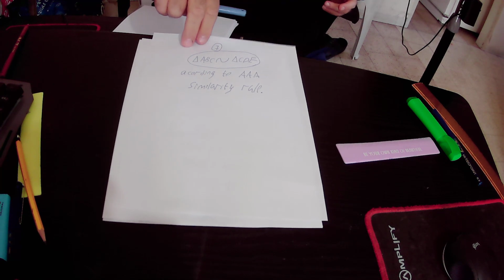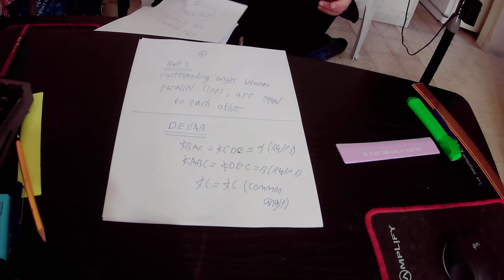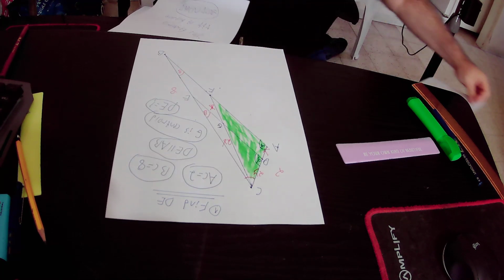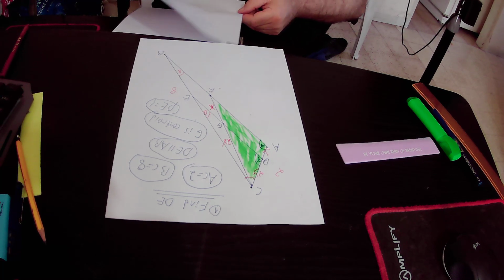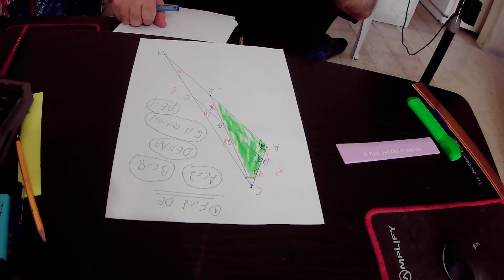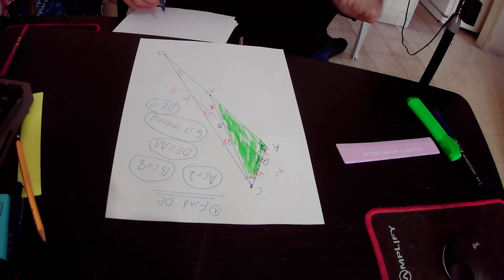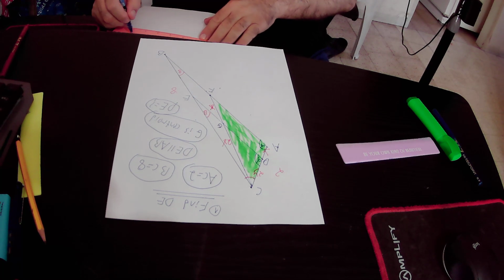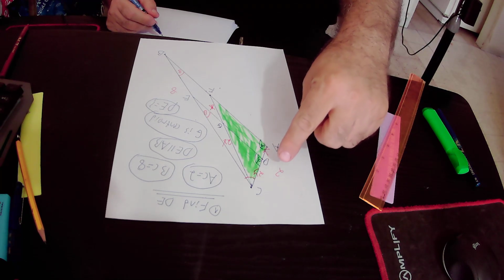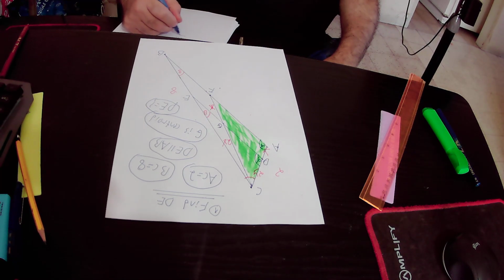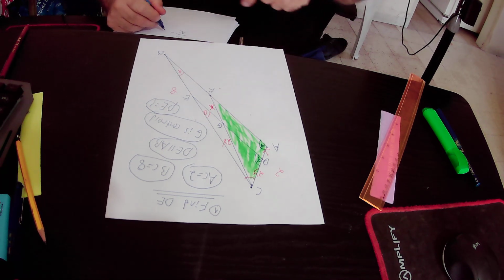Okay, so actually from the fact that triangle ABC is similar to triangle CDE, we can conclude that CD over AC will be equal to DE over AB.